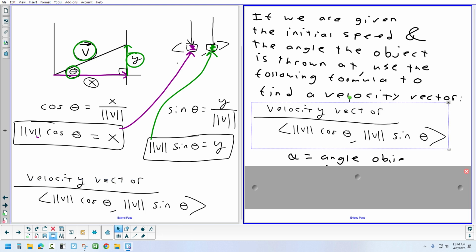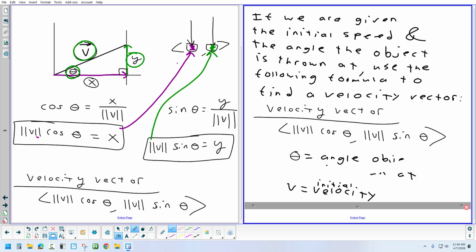So if I give you the initial speed and the angle, use that formula to find the velocity vector. Theta is the angle, and the magnitude of v is the initial velocity.